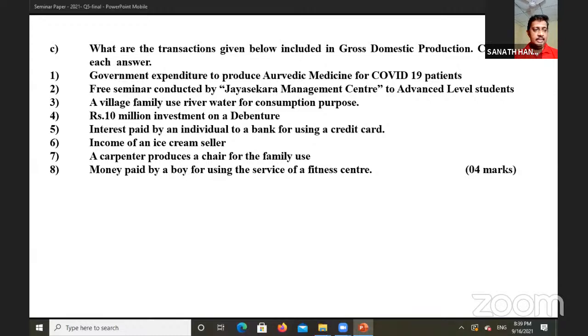Right, next one, income of an ice cream seller. Do we consider? Yes, this is what we include under mixed income. Under the income method, we consider as mixed income. Yes, this is concerned. Yes, write down. Included in GDP.